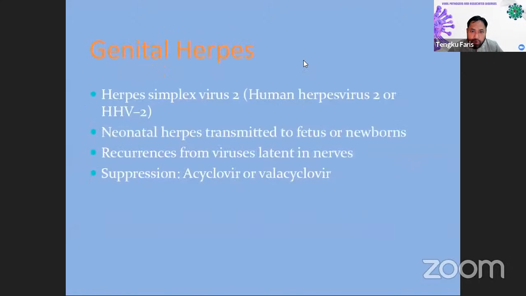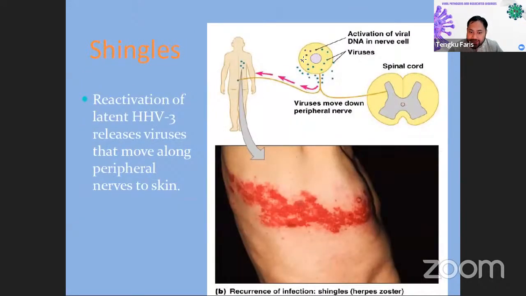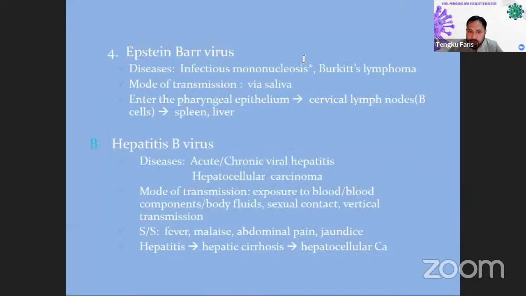I put further examples and some of the diseases. I hope you can read through, because you need to associate. If I ask what disease is caused by the Epstein-Barr virus, you will answer Burkitt's lymphoma or infectious mononucleosis.